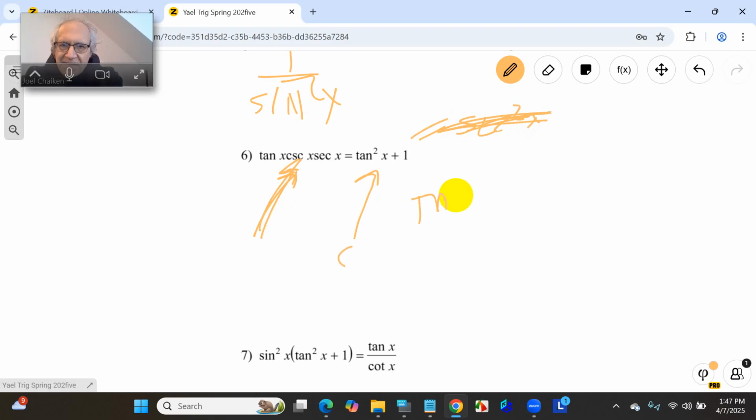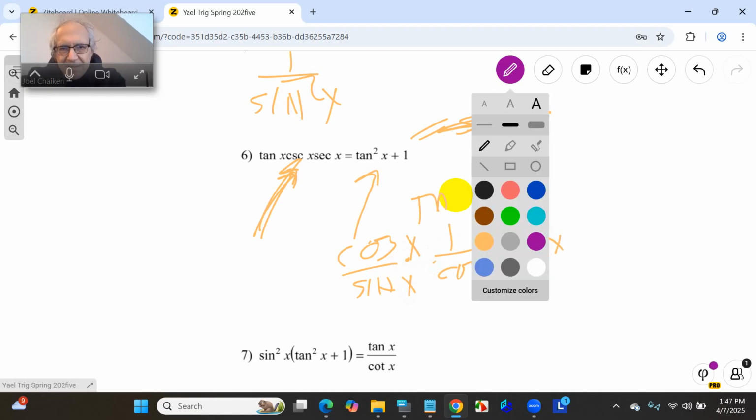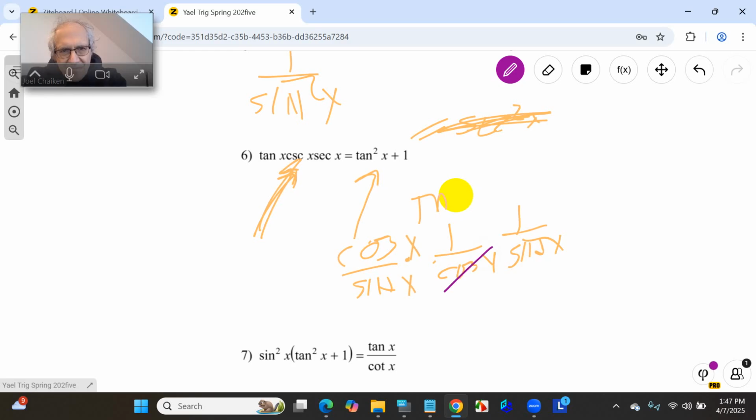So tangent is sine over cosine of x, and cosecant is, well, you've got a cosecant and a secant, so who cares which one it is? It's going to be a cosine and a sine either way. So these cosines are going to cancel, and you're going to get 1 over sine squared x.